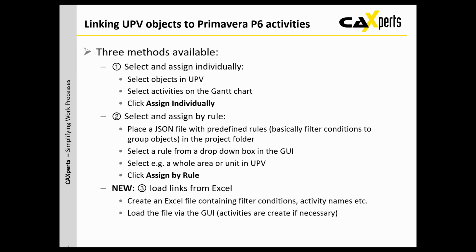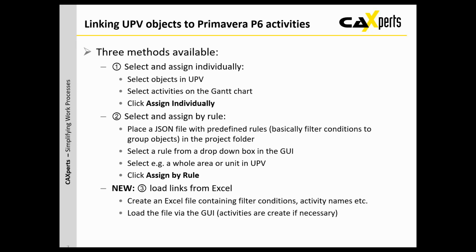And the new method since last year is that you can load links directly from Excel. So you could start even with an empty P6 project, and in the Excel file you just have basically names for activities, then the parent activities, start and end date and progress.